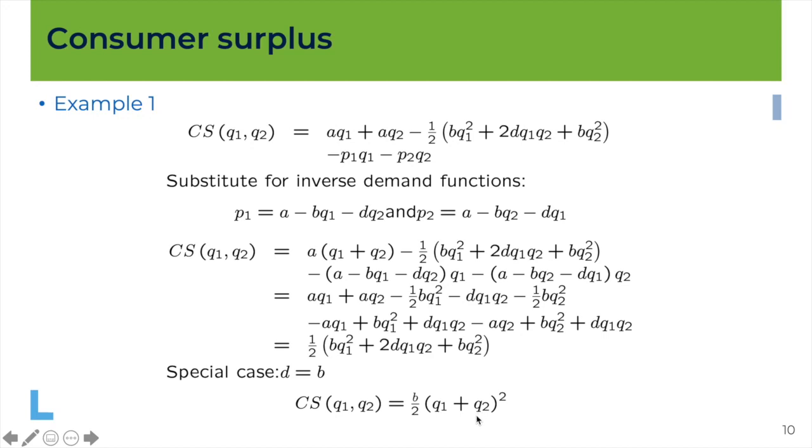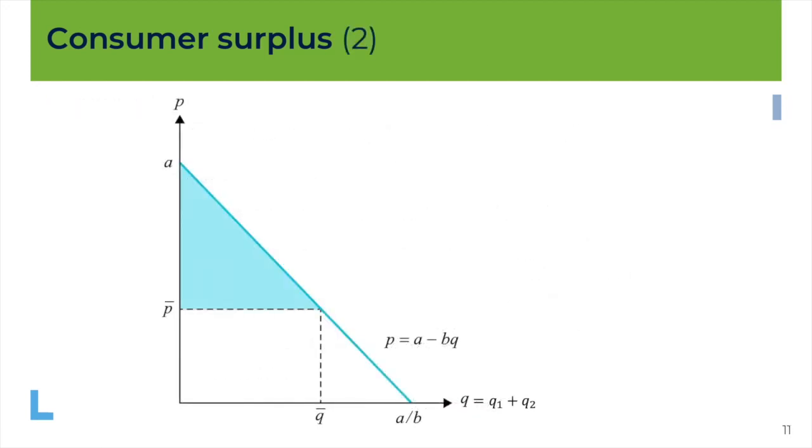And in that case, if there is only a homogeneous product, you can represent it in a way that should be familiar to you. So you measure here on the horizontal axis the total quantity consumed. This is the price, and as we have homogeneous goods here, it's the same price for good 1 and good 2.